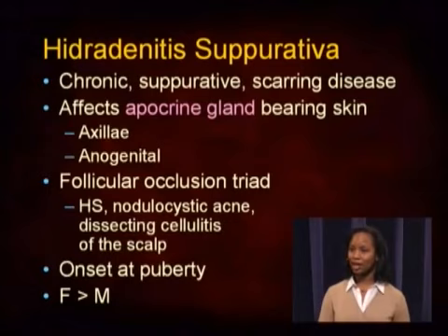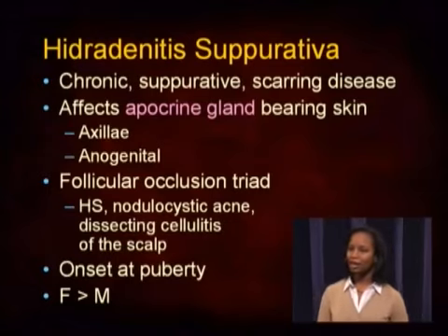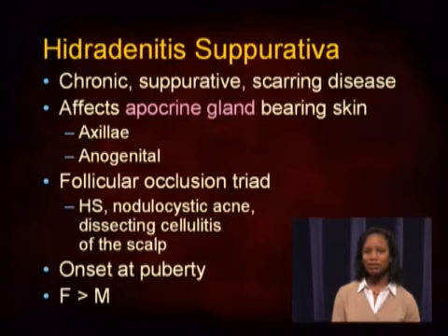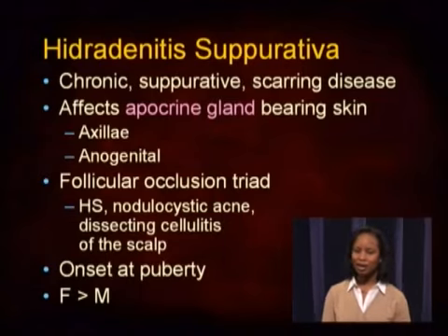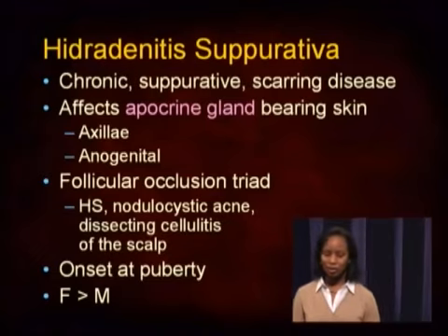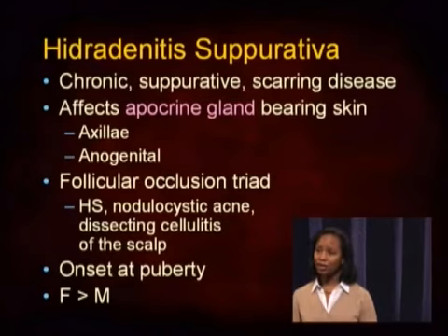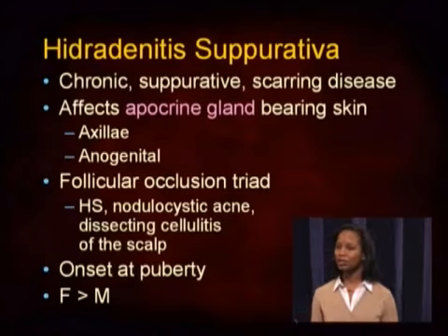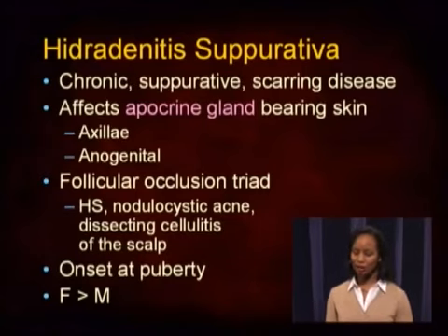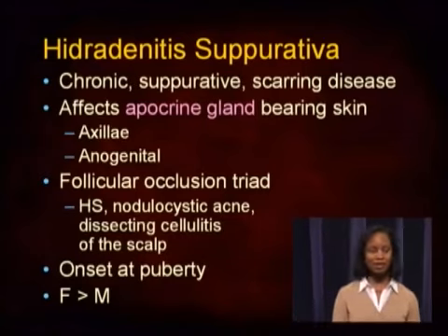We're going to talk about hidradenitis suppurativa next, and this is a chronic scarring disease where patients develop sinuses and nodules, and particularly in the axilla and also in the groin. So think apocrine-bearing skin. It's part of the follicular occlusion triad when we associate hidradenitis suppurativa with nodulocystic acne and also dissecting cellulitis of the scalp.